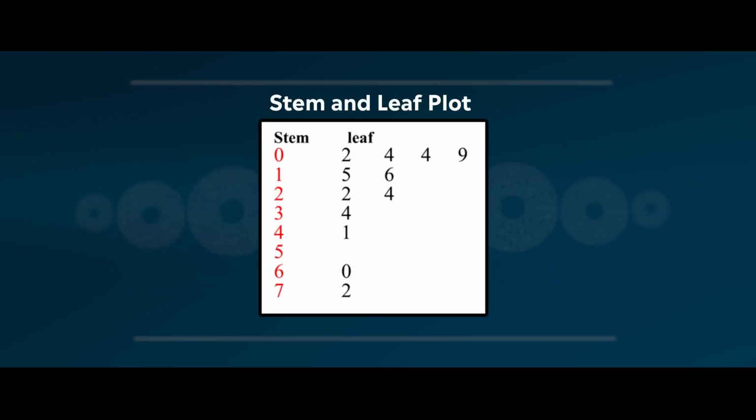Now let us look at how to draw conclusions from this graph. The first conclusion you can draw is that there are 4 months which have a precipitation amount from 0 to 10. That means 2, 4, 4, 9 is showing 4 months, which had a precipitation amount from 0 to 10.